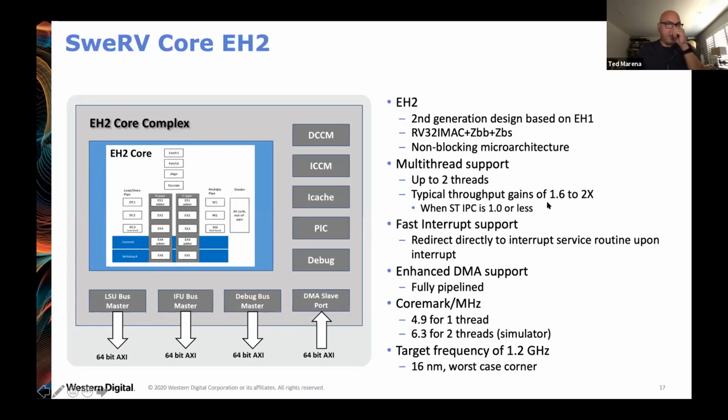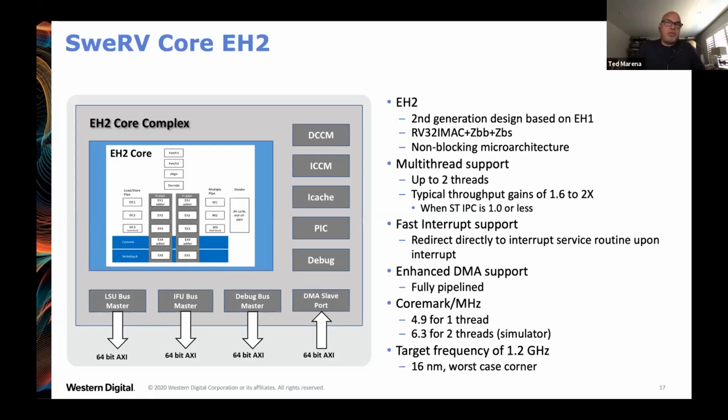Obviously, if the EH1 is operating higher than that, then as you're getting more efficient, it's hard to get more of a boost. And I'll show you a chart on how efficient the core actually is. It scores 6.3 for CoreMark. So again, it's kind of a superset of the EH1.